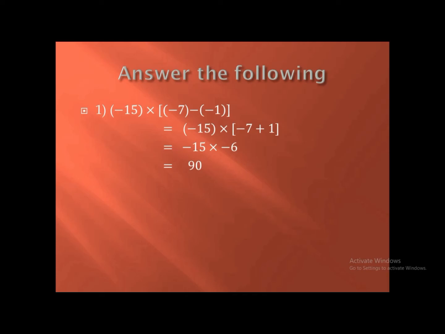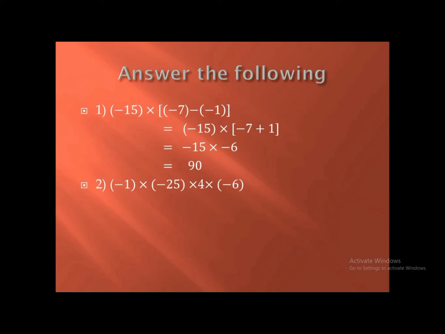Second example, negative 1 into negative 25 into 4 into negative 6. Here you can see 3 negative integers in this product. That is an odd number of negative integers in this product. So the sign of the product will be negative.